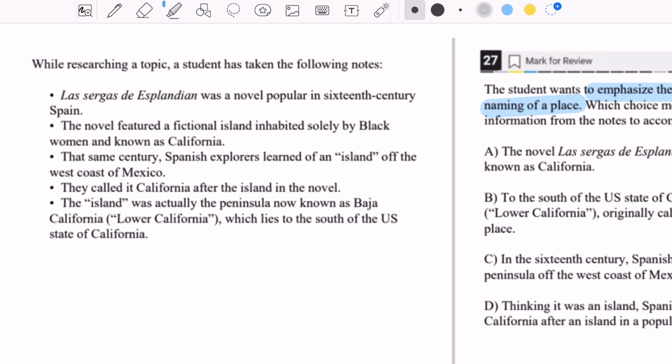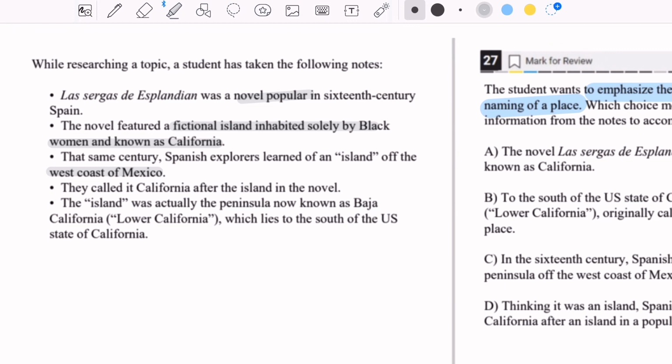Las Sergas de Esplandián was a novel popular in 16th century Spain. The novel features a fictional island inhabited solely by black women and known as California. In the same century, Spanish explorers learned of an island off the west coast of Mexico. They called it California after the island in the novel.